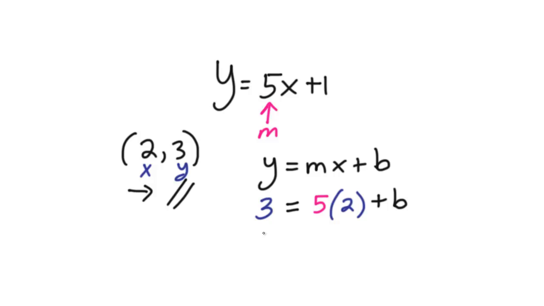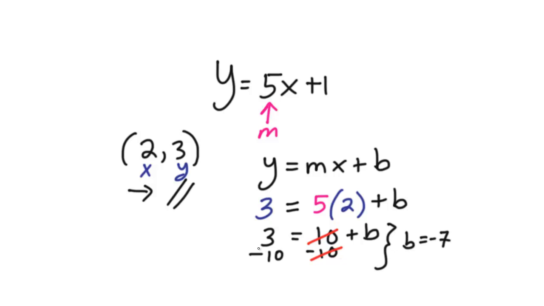If we do this out, we get 3 equals 10 plus b. If we subtract 10 from both sides, b is just -7, because 3 minus 10 is -7.